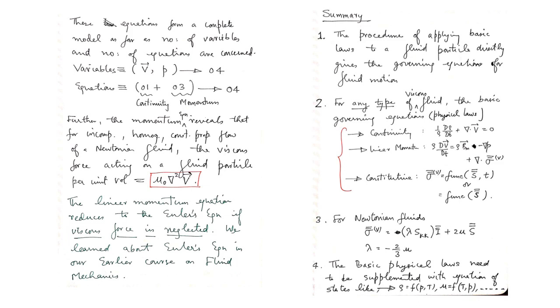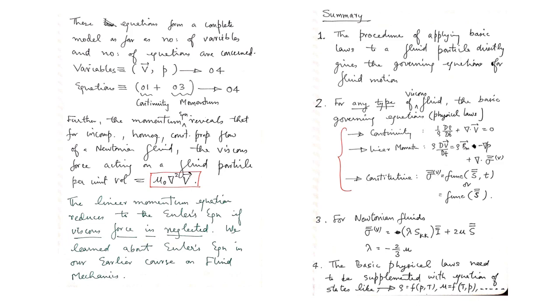So now finally I would like to give you a brief summary of this lecture and also some of the knowledge that we learnt in my previous lecture number 10. So in a way, this is a total summarization of 10 and 11. So what is the summary? The first important point that I am going to stress is that the procedure of applying basic laws to a fluid particle directly gives the governing equations for fluid motion.